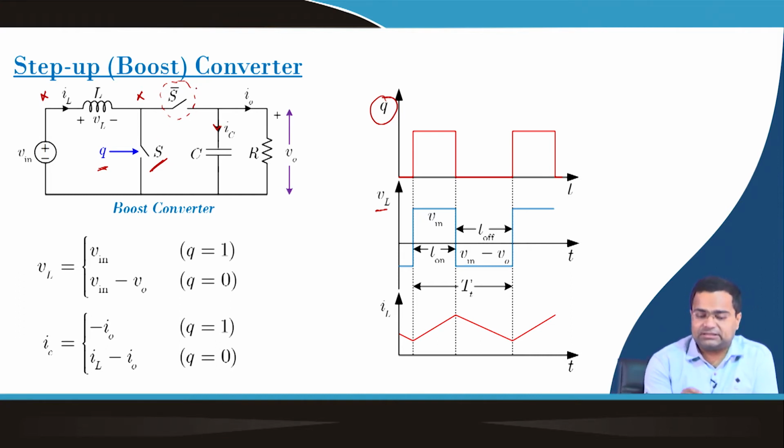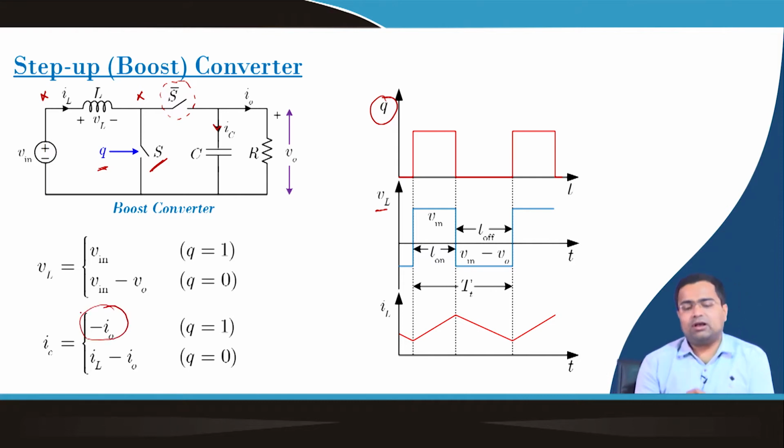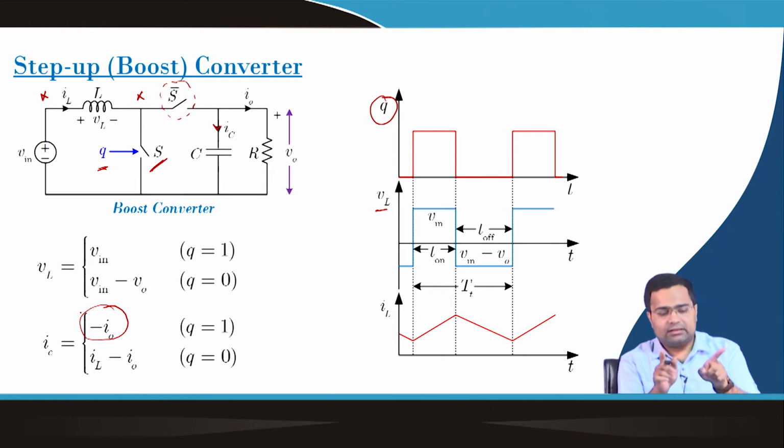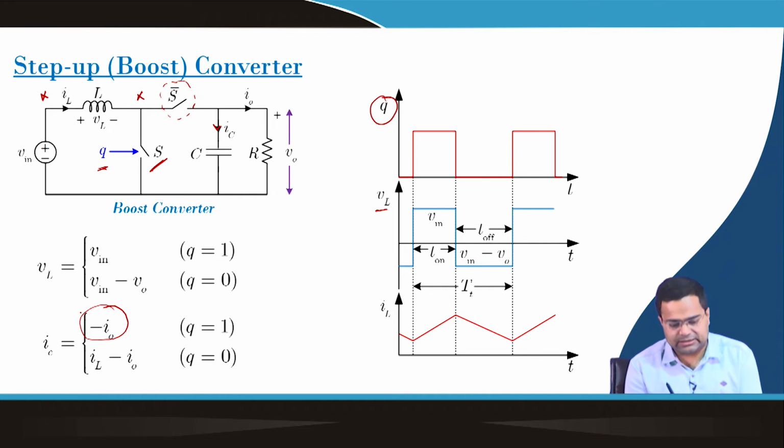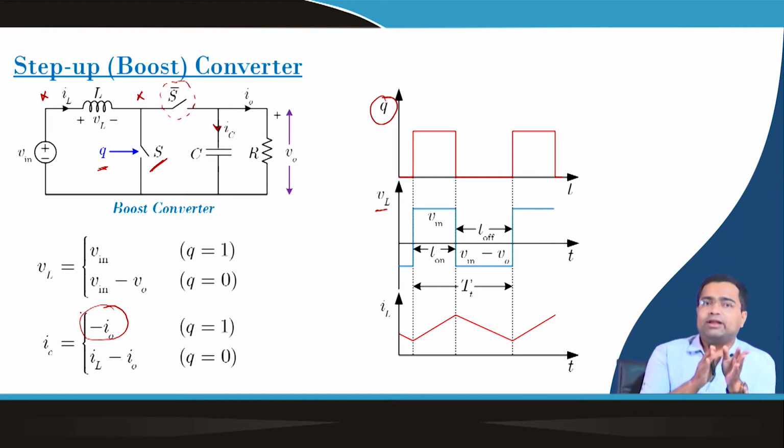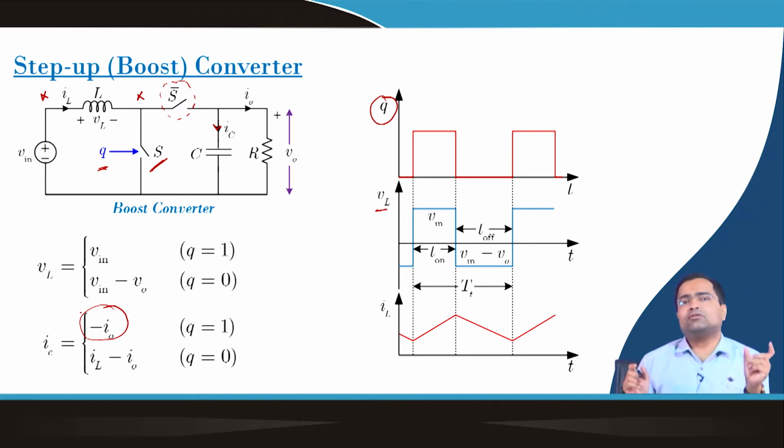That means the capacitor current is equal to minus load current, because the directions of the currents are reversed. IC is the positive direction of the capacitor current coming towards the capacitor, and I0 is the load current which is going out of the capacitor. So, their sum should be 0. As a result IC equal to minus I0.